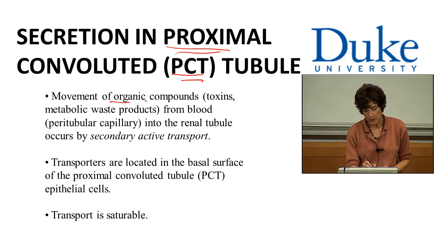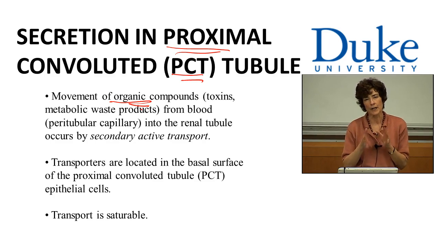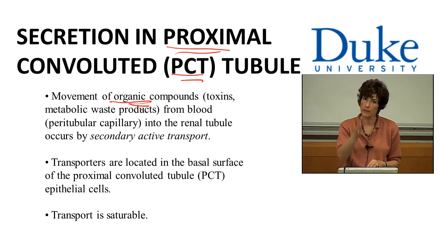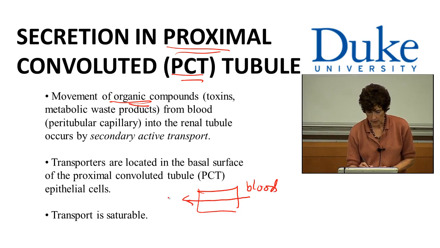And the materials that we are moving are going to be organic compounds. These are going to use transporters which are sort of generic transporters, and they're located on the basal surfaces of the cells. So the generic transporter is allowing this material to go from blood into the lumen of the tubule.